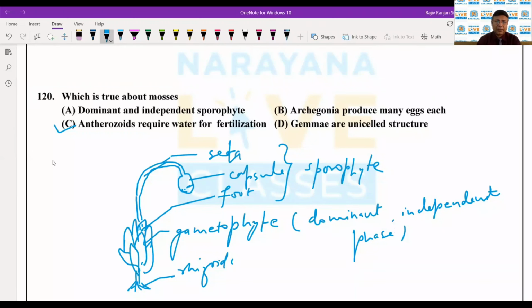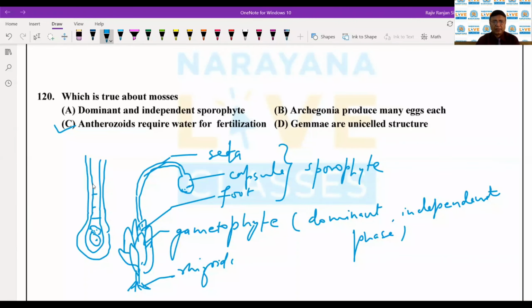And archegonium, this is the structure of an archegonium, and this archegonium has a single egg here, and it is the ventral canal cell.